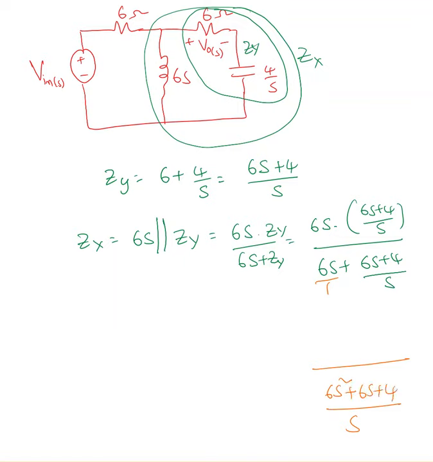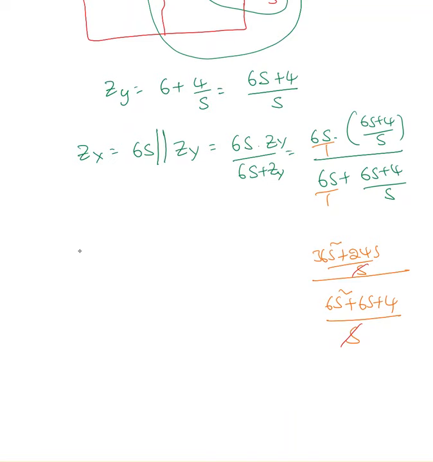Here also I'm going to multiply the numerators. So 36s square plus 24s over s. Now the s gets cancelled out. I end up with ZX equal to 36s square plus 24s over 6s square plus 6s plus 4.